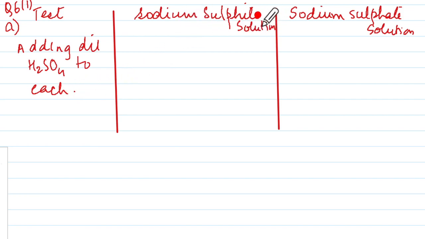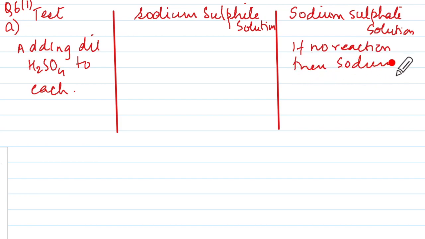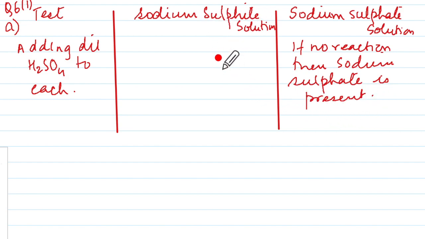Sodium sulfite with SO3 radical will liberate SO2 gas, but sodium sulfate and this dilute H2SO4 with this sulfate, there will be no reaction. Okay, so what will be the main thing over here? If no reaction, then sodium sulfate is present. But if it is sodium sulfite, then you will have SO2 gas.